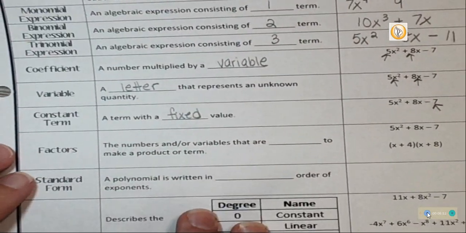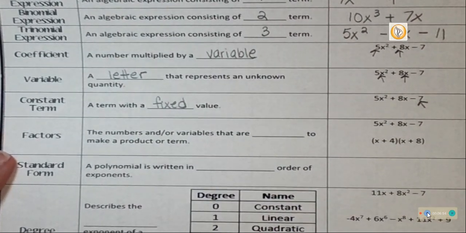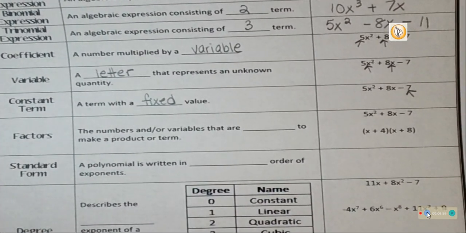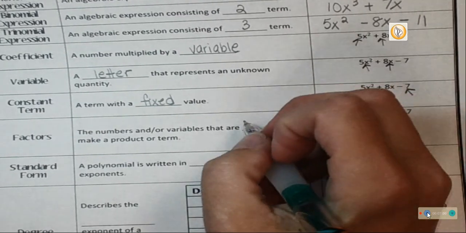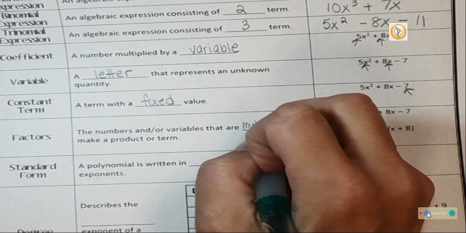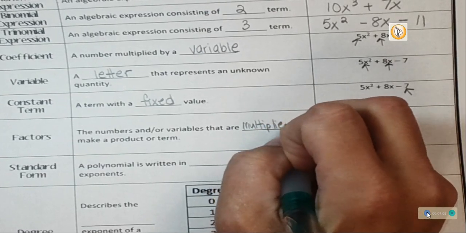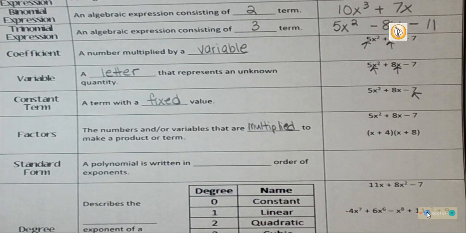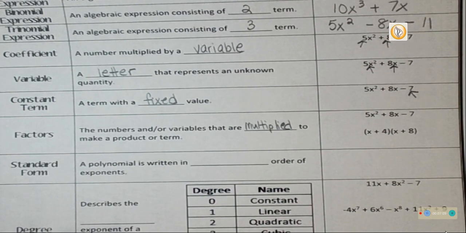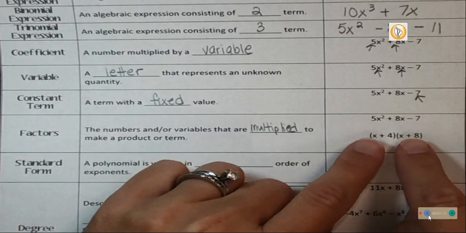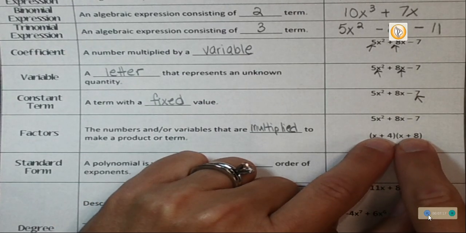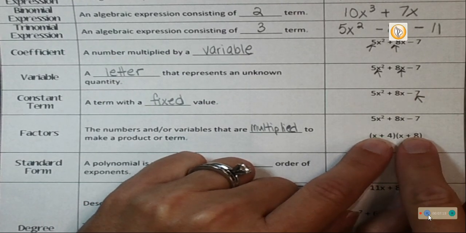All right, so then you got the word factors. Factors are numbers and/or variables that are multiplied to make a product or term. When we say factor, because we've had algebra, we think of factors like this, where you had to factor it out.